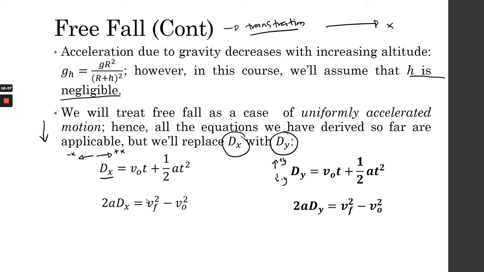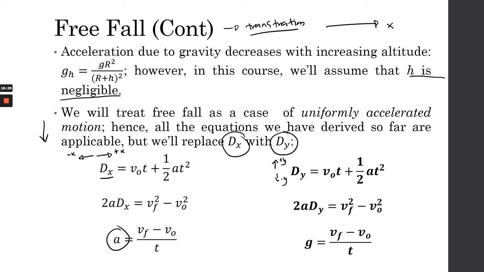We just have to change it to dy, and this time, instead of using acceleration a, we'll be using a special acceleration, the acceleration resulting from the pull of gravity, and we'll call that g.